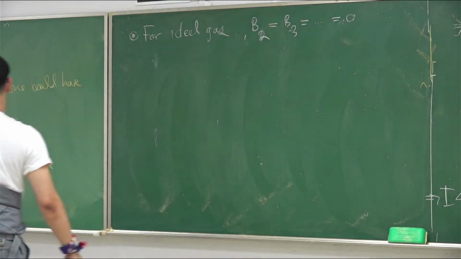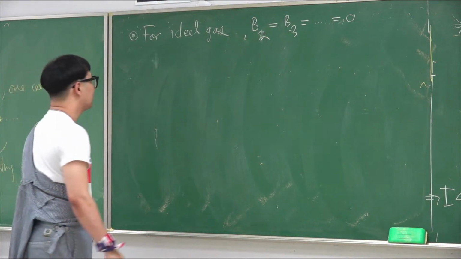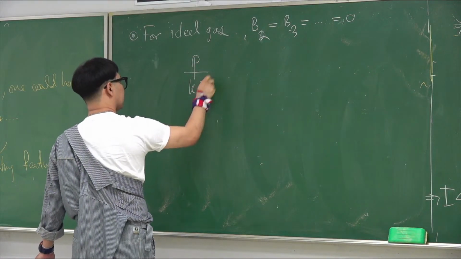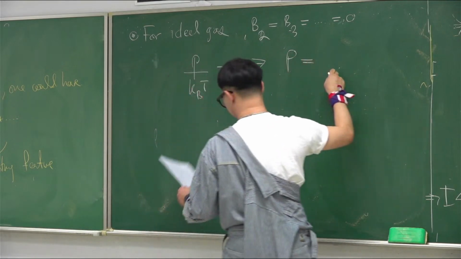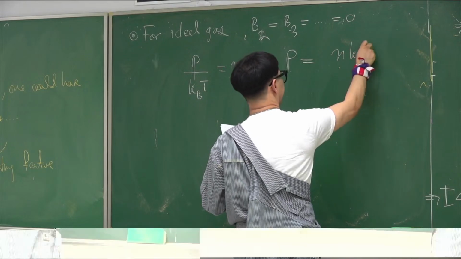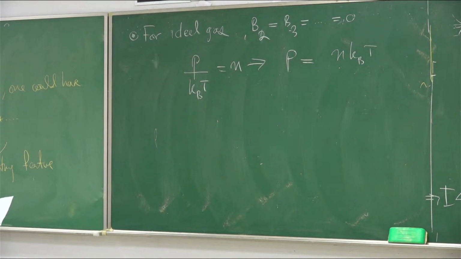All the coefficients, I mean B2, B3, must vanish. Then you get, which is, right, this one, which is the equation for the ideal gas.